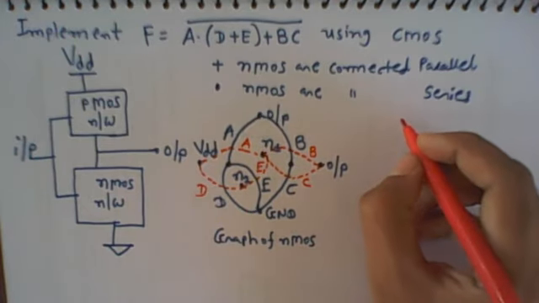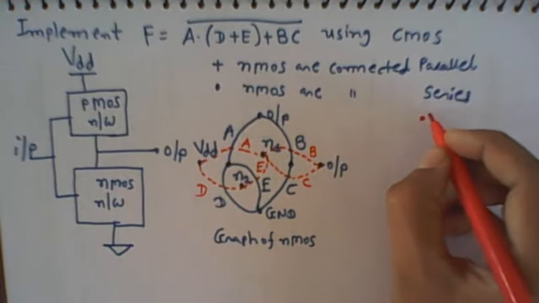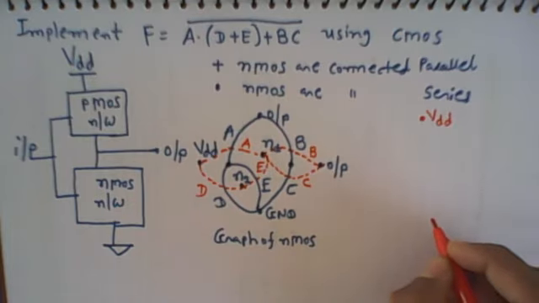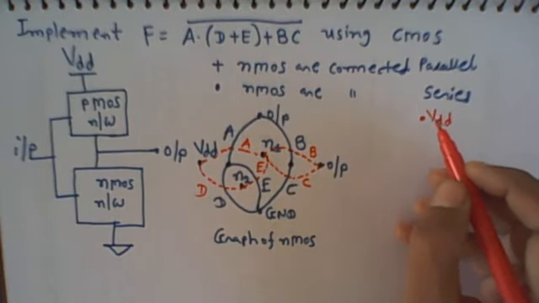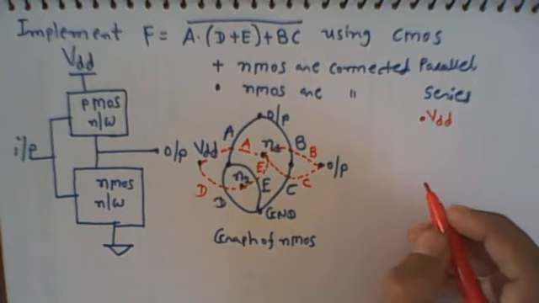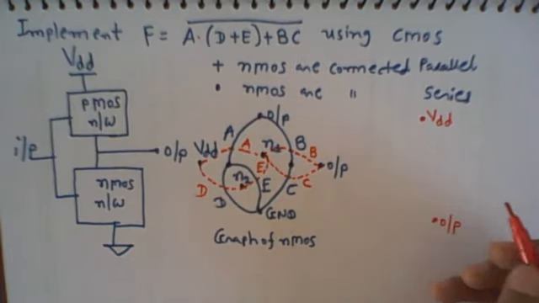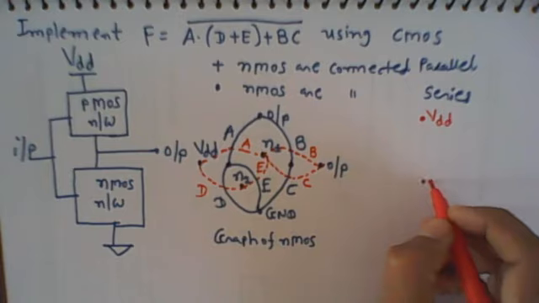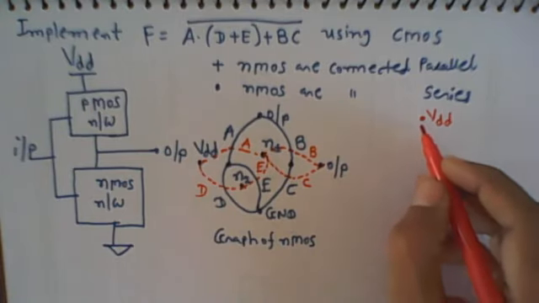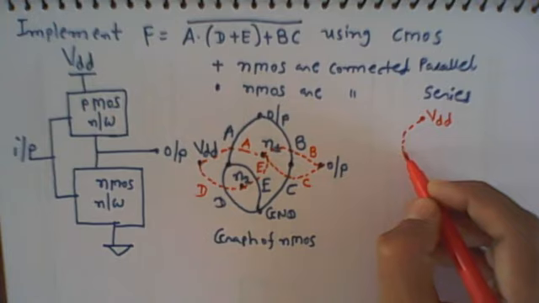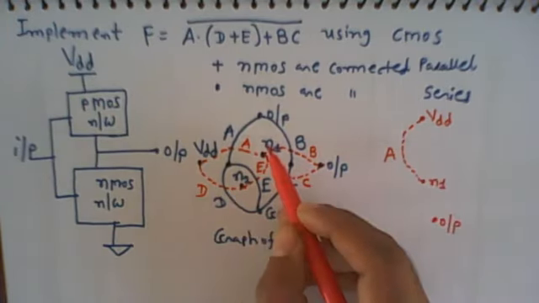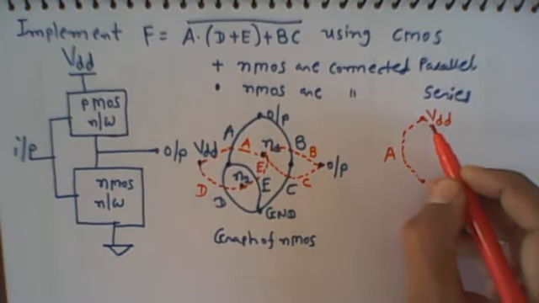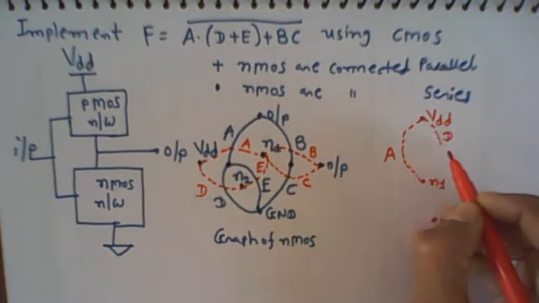If you see the PMOS graph, it is between VDD and the output, and between VDD and N1. Between VDD and N1 there is one MOSFET, A, and between VDD and N1 through the N2 node, D and E are in series.